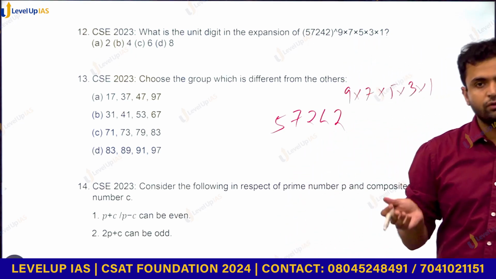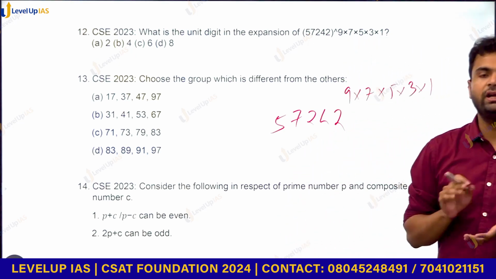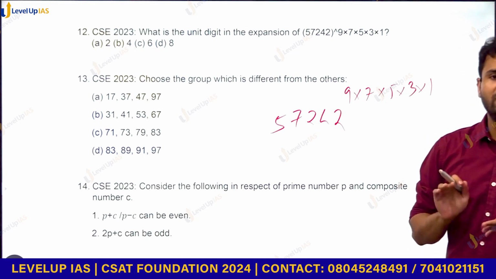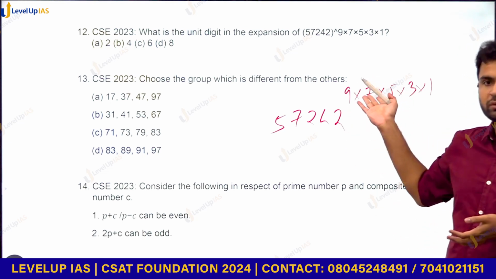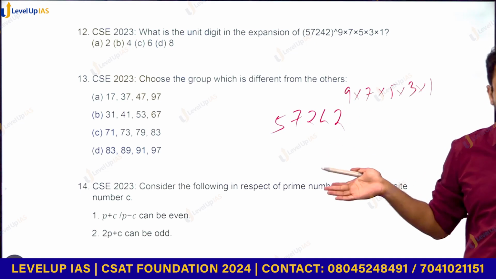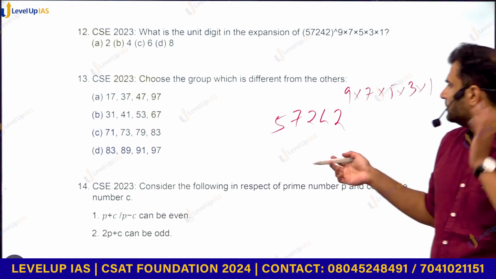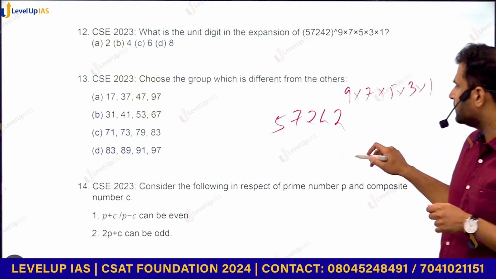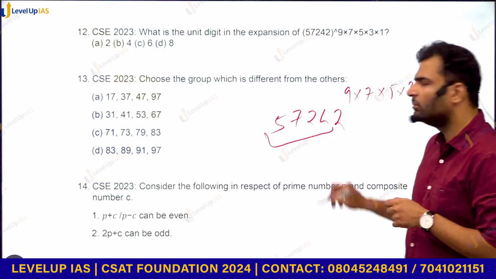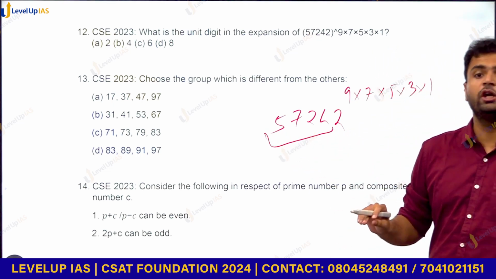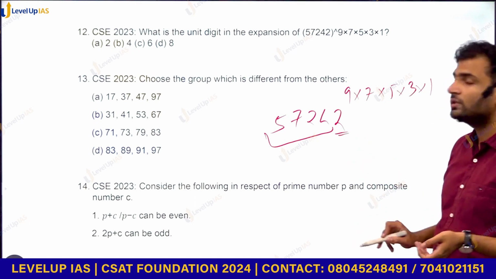Now again, as a student, you must immediately come to the conclusion that nobody in their right mind would ask you to compute this power. So there would be some pattern to it, and the pattern is that these digits are irrelevant when it comes to the units place. All that matters is this 2.